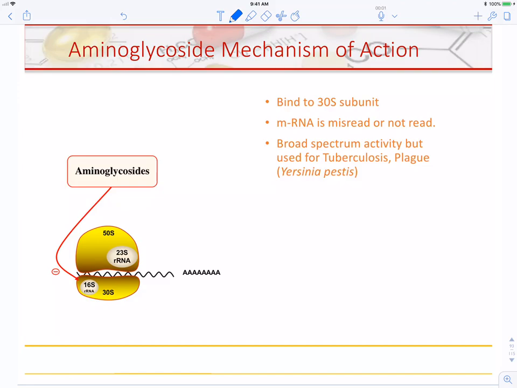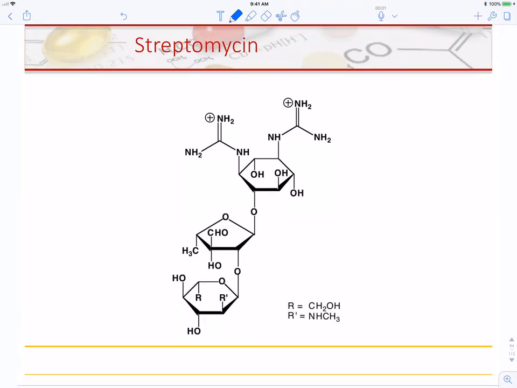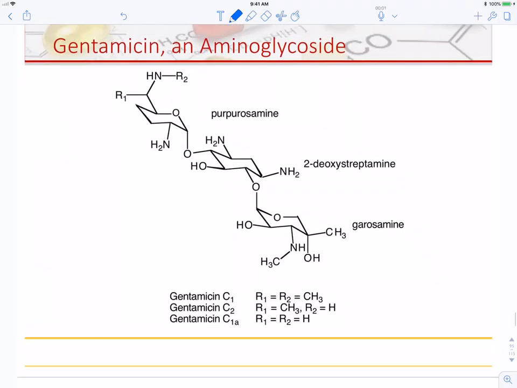Streptomycin is known to have important side effects at the level of the kidney and also to cause side effects on hearing, and so to damage nerves in charge of hearing.